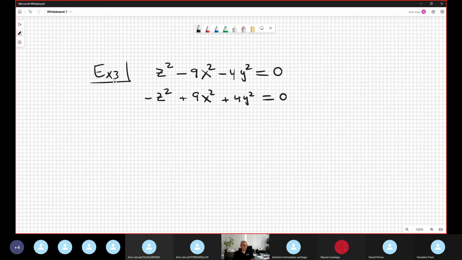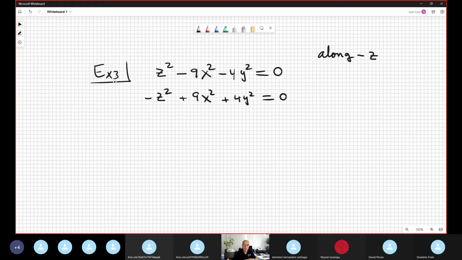Es doble cono. Do you understand this, right? Doble cono along what axis do you believe que es el doble cono? Z. Exactly. Z.